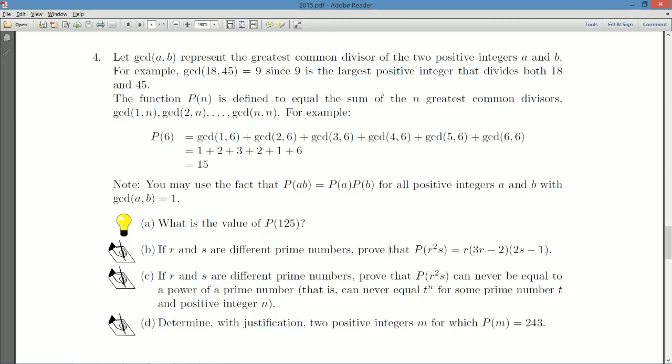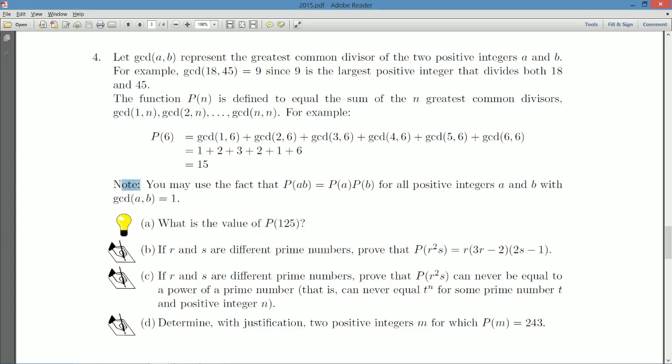The function P(n) is defined to equal the sum of the n greatest common divisors: the GCD of 1 and n, the GCD of 2 and n, all the way up to the GCD of n and n. So for example, P of 6 is GCD of 1 and 6, 2 and 6, 3 and 6, 4 and 6, 5 and 6, and 6 and 6. Those values are 1, 2, 3, 2, 1, and 6, and that adds up to 15.